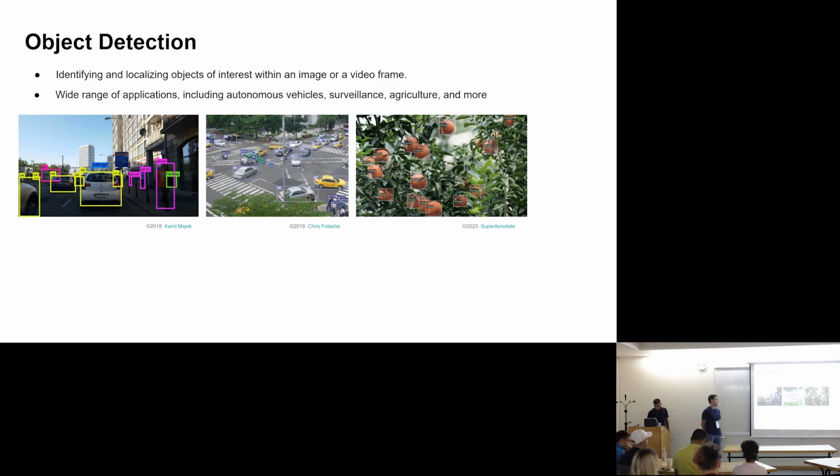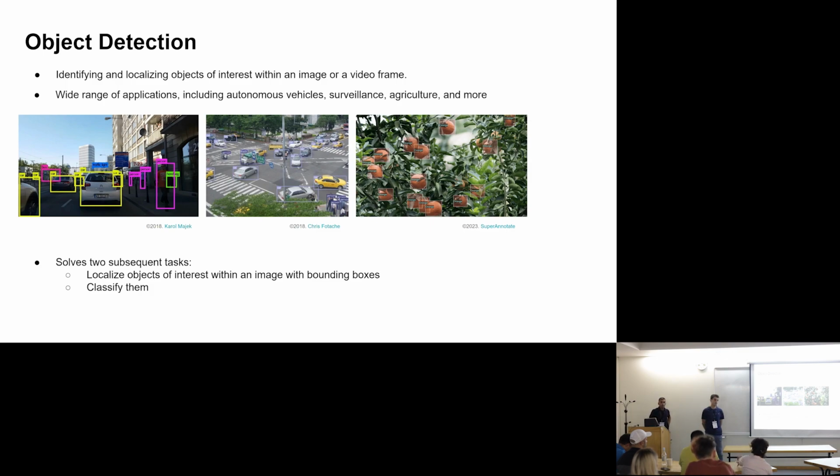And it can also be used in agriculture. For example, there are robots that are trained to harvest the fruit, and object detection can detect the fruit and help the robot approach the fruit and catch it. So in general, object detection solves two subsequent tasks. It localizes objects on an image and classifies them.